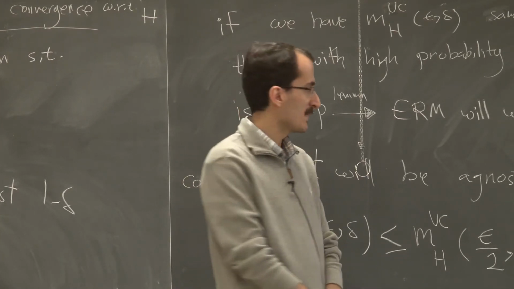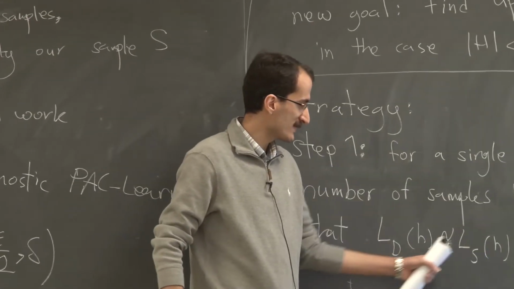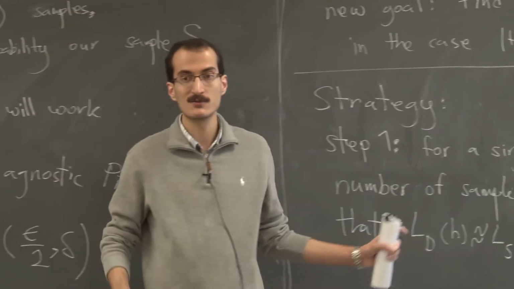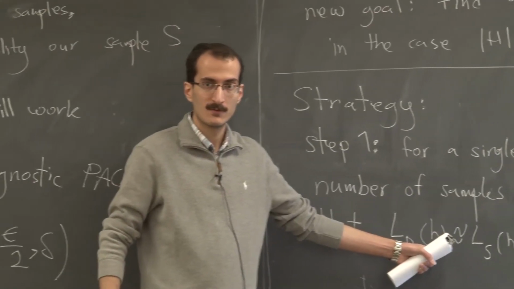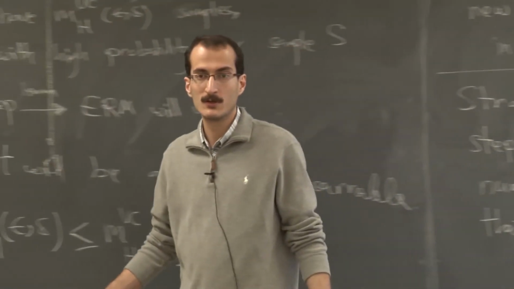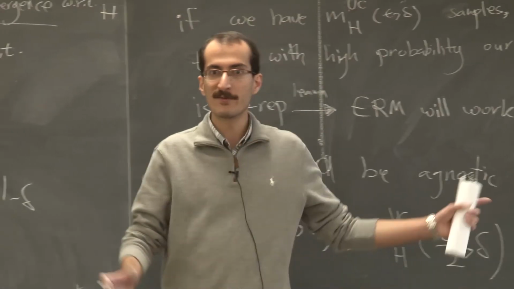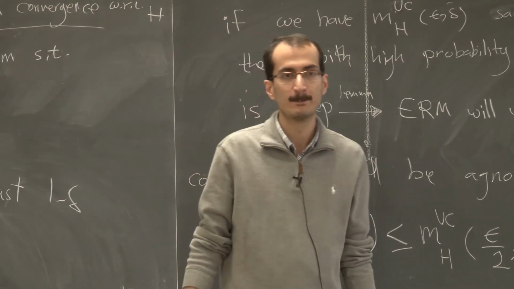Not the error, maybe I'm wrong. I want to say that these two things are close to each other. I don't want to say that this one is close to 0, or that any of them is close to 0. So L_S would be close to a half. Yeah, both of them could be half. Exactly. Good.